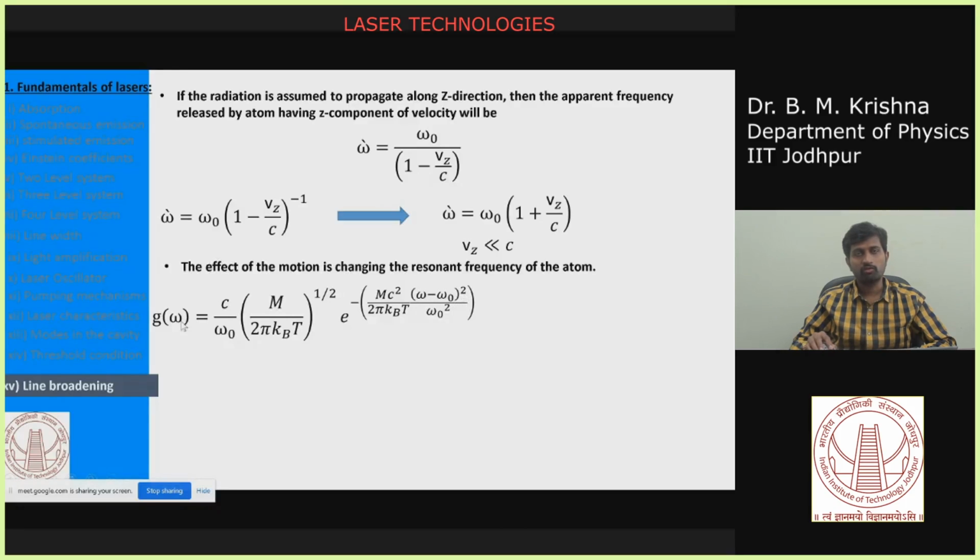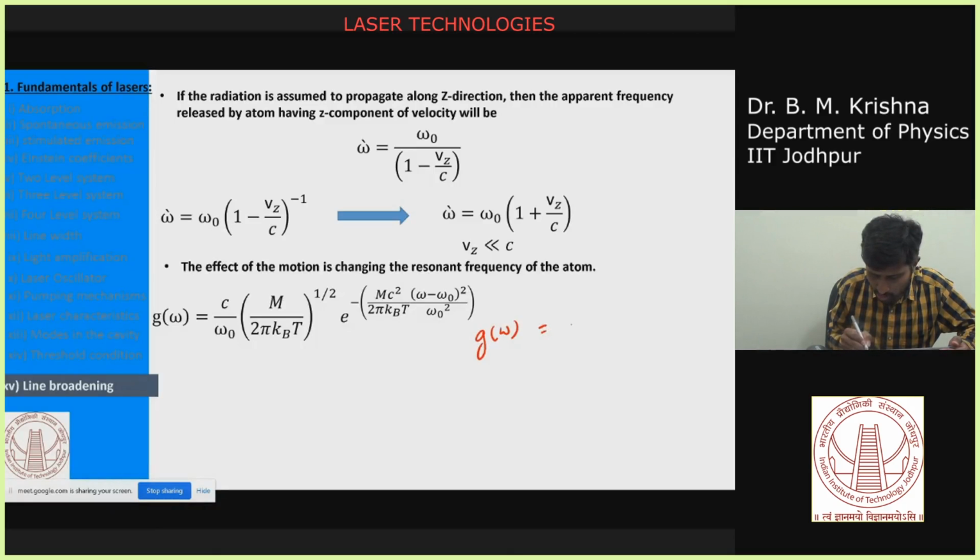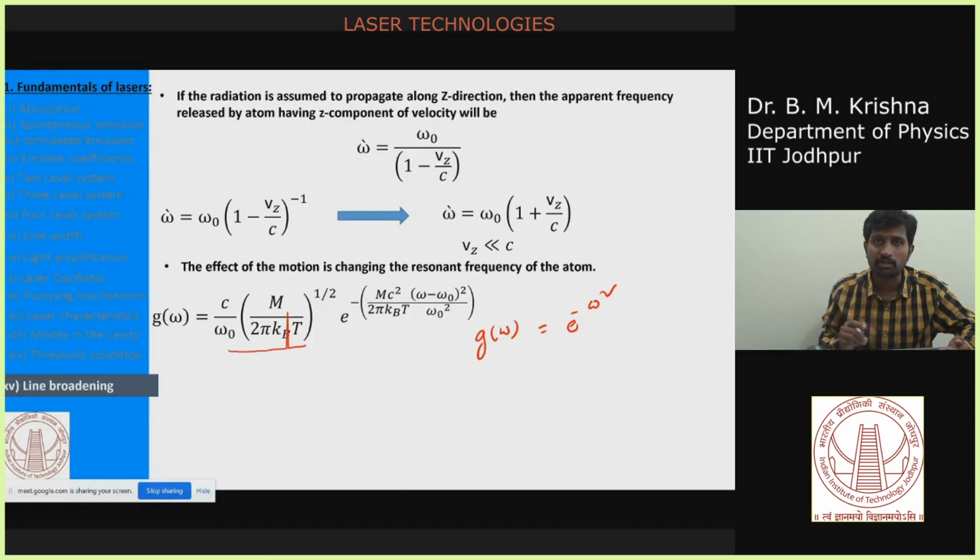So your g of omega depends on the frequency. The changing parameter or variable is omega. If you see this expression in the form g of omega equals e to the power minus omega square, with all the other factors being constant, and omega naught also a constant because it is the resonant or central frequency, then g of omega is proportional to e to the power minus omega square.